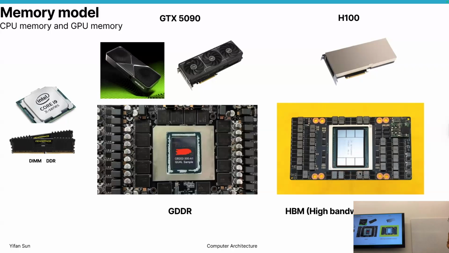I don't have this, but this is a rather advanced packaging solution. How this packaging works, you can say this is chiplet technology. What is a chiplet? A chiplet is basically multiple chips in one product. In this particular case, there's only 1 GPU chip, but there are 6 memory chips.